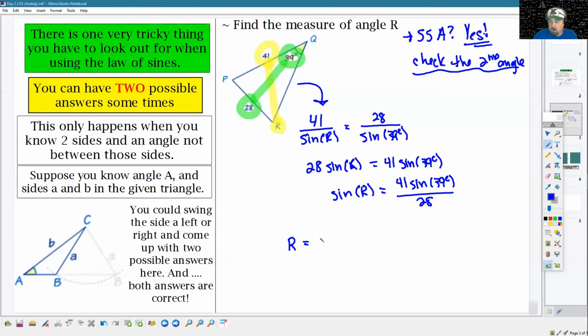So that angle R is going to be the inverse sine of 41 sine 39 divided by 28. Let's plug all this in the calculator. Make sure you're in degrees, folks, because we're plugging in degrees. So 41 sine of 39, divided by 28, and we're going to take the inverse sine of that. The inverse sine of that is 67.1.